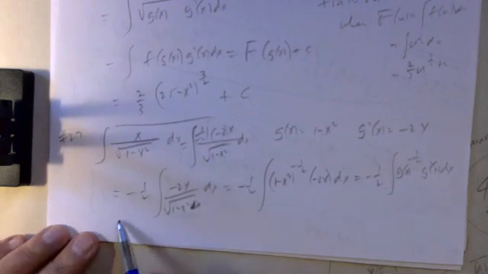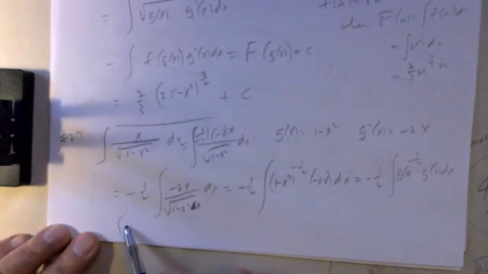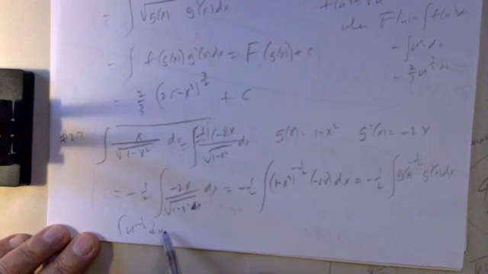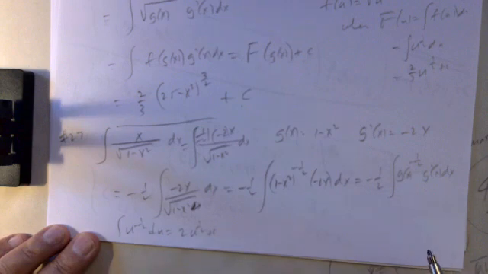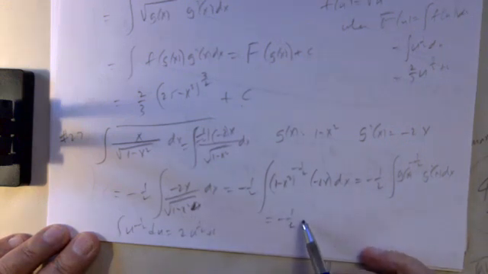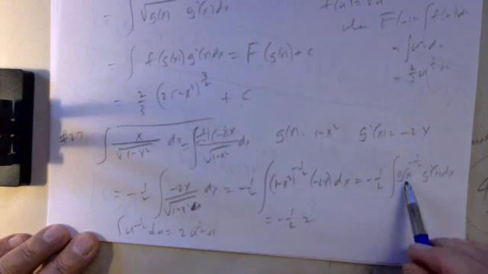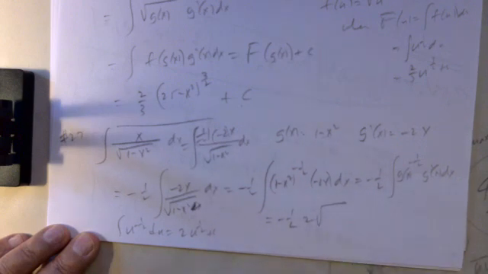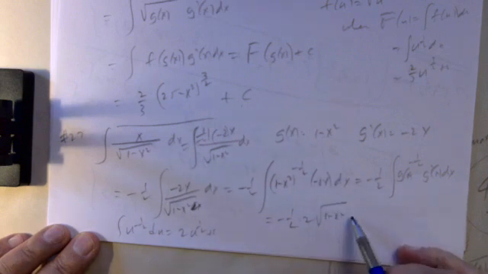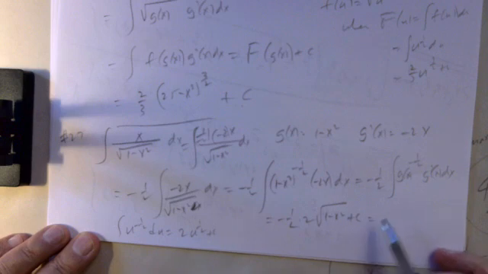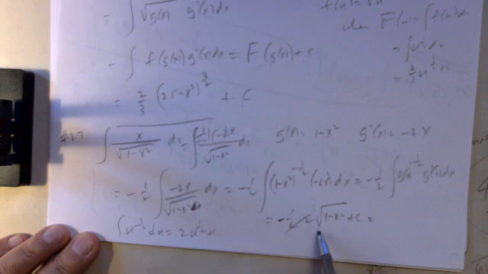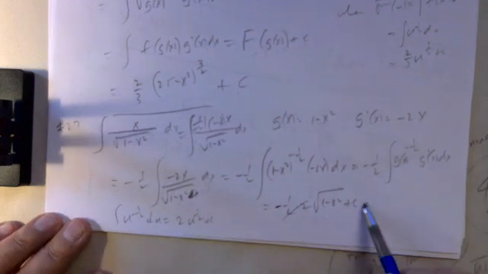And if we integrate u to the minus 1/2, we get 2 times u to the 1/2, or 2 times the square root of u. So this is minus 1/2 times 2 times the square root of g of x, 1 minus x squared. Right? And the 2's cancel. So it's just minus the square root of 1 minus x squared.